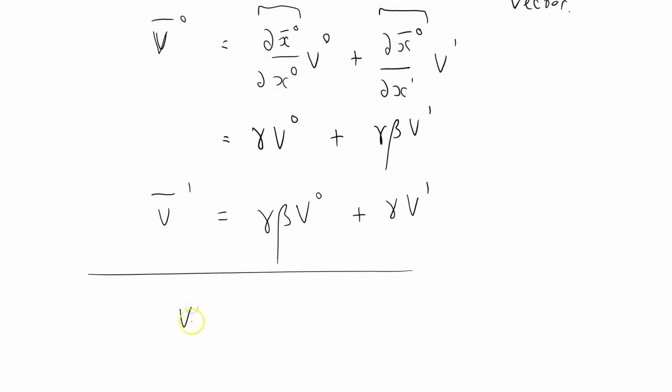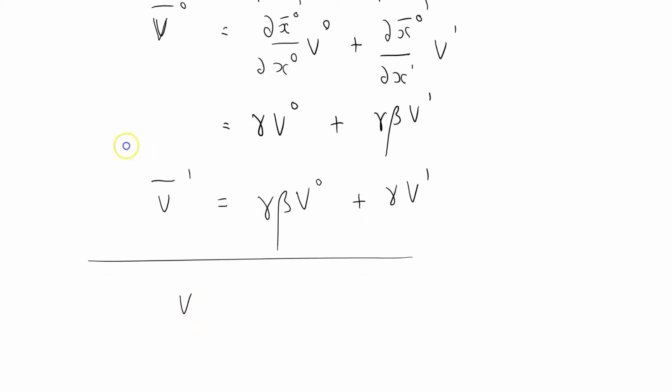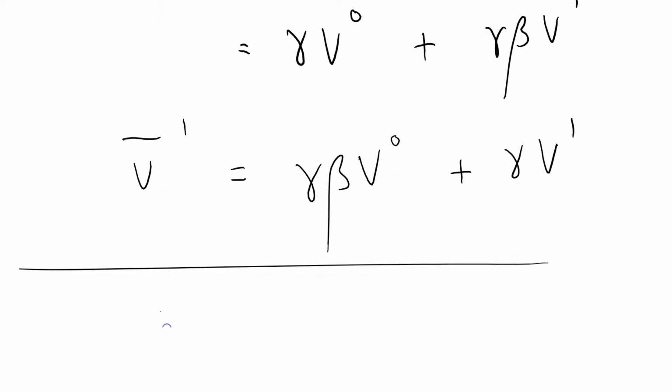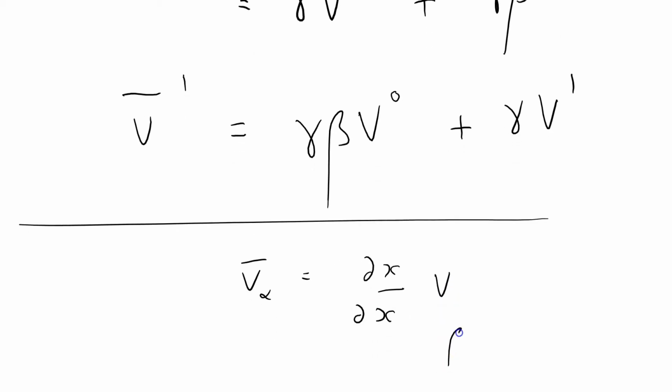We've got V, let me zoom in a little bit. We've got V bar alpha equals dx beta by dx bar alpha times V beta. That beta is going to contract on that. There's no bar there, and there's a bar there.